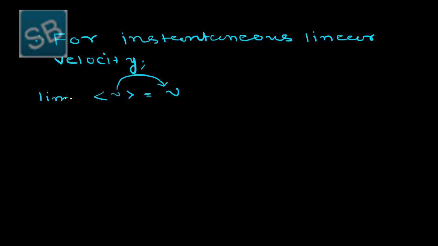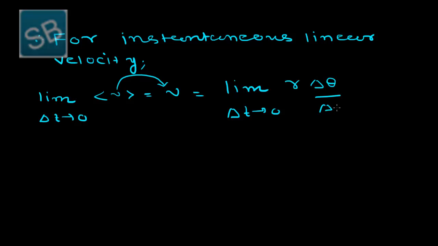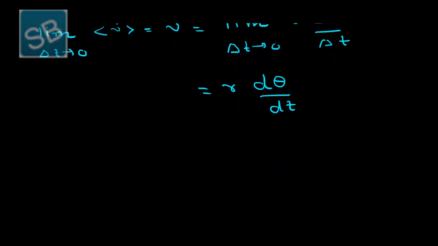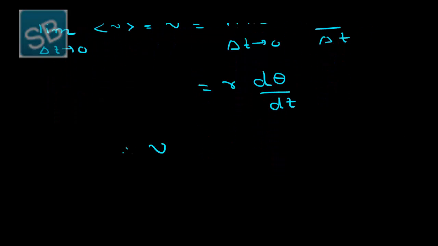Here also the limit delta t tends to 0 I have to apply, and on the right hand side also the limit delta t tends to 0 of r delta theta over delta t. So r d theta by dt, and therefore the left hand side is v, and this is the simple omega.